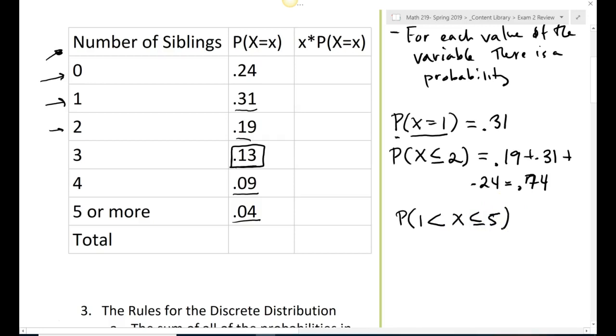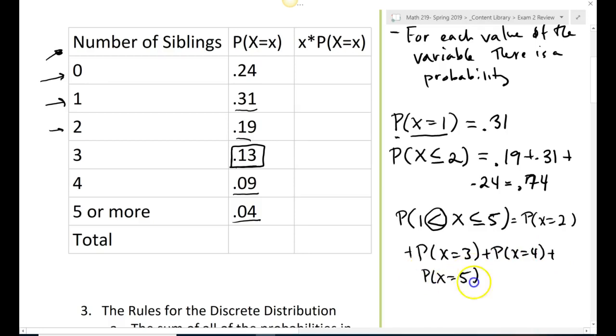Now, this one's a little tricky because it says greater than 1. Does that mean 1 is in it? No, 1's not in it because 1 isn't greater than 1. So this is going to be the probability of x equal 2 plus the probability of x equal 3 plus the probability of x equal 4 plus the probability of x equal 5.